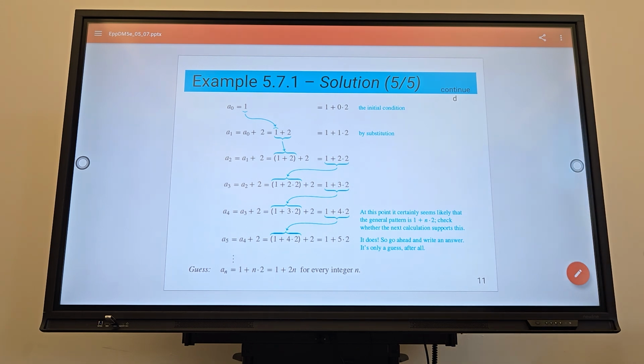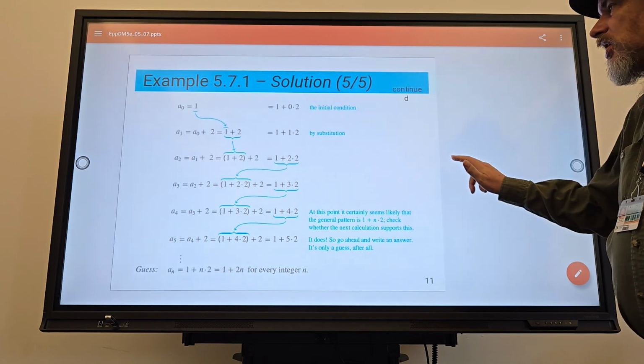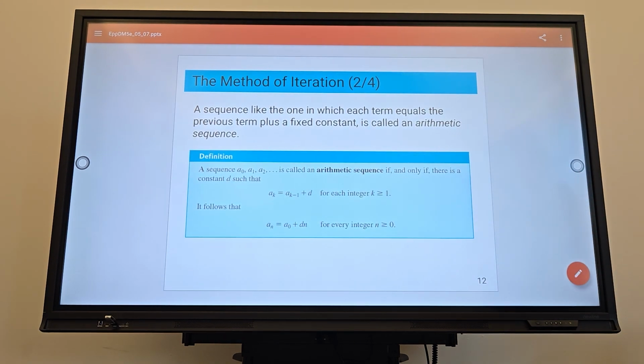Okay. A sequence like the one in which each term is equal to the previous term plus a fixed constant is called an arithmetic sequence. A sequence is called an arithmetic sequence if and only if there is a constant d such that a_k equals a_(k-1) plus d for each integer k greater than or equal to 1.